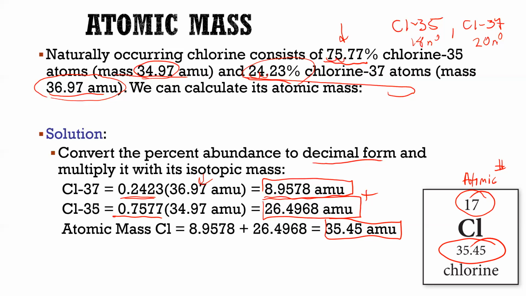So I hope this video helps you see and understand why that second number on a periodic table is not an integer. It's because it's a weighted average of our isotopes. I hope it helps you in calculating if you have the relative abundance of each isotope and the mass, which you'll be doing in your homework.